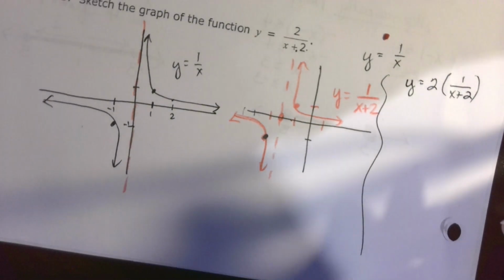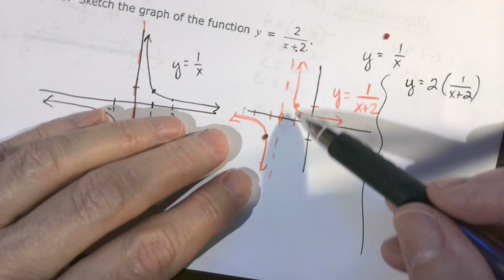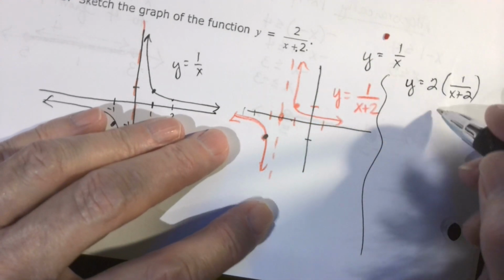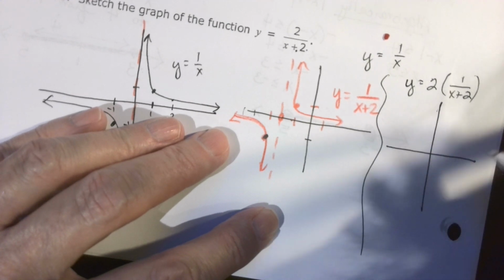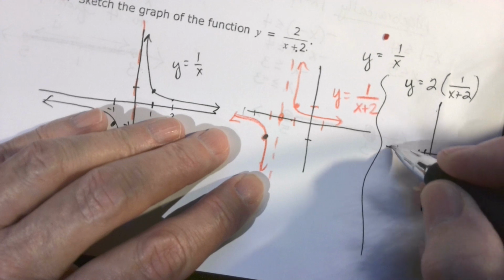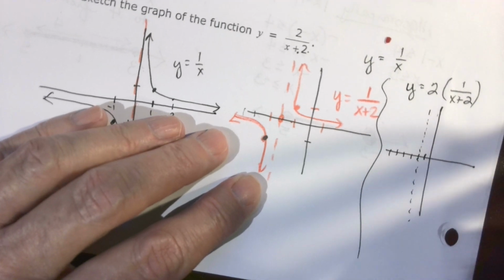Because all that tells me is, once I get this graph, whatever I had for my y, I'm just going to multiply it by 2. So what does that mean? Well, I already have an asymptote over here at -2.